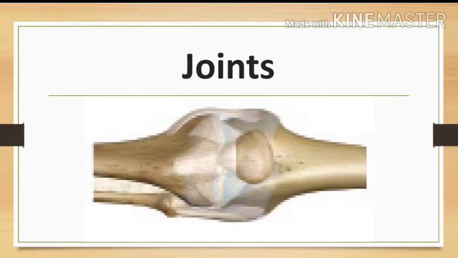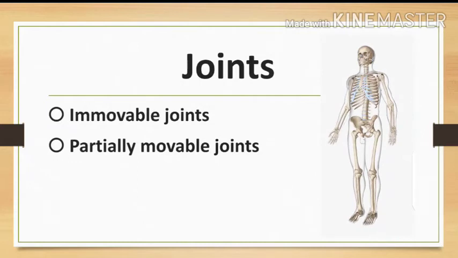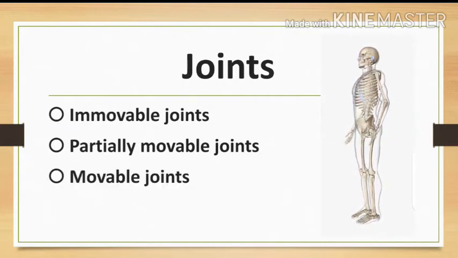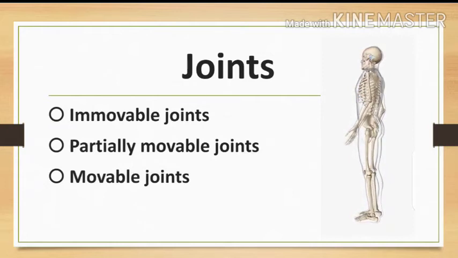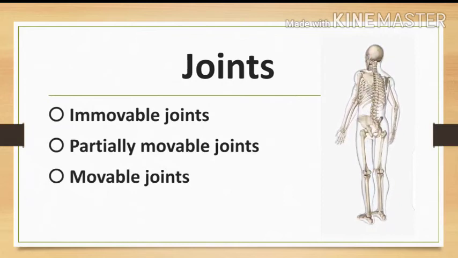In lower classes, you have already learnt about the basic classification of joints: immovable joint, also known as fixed joint; partially movable joint; and movable joint, also known as perfect joint.